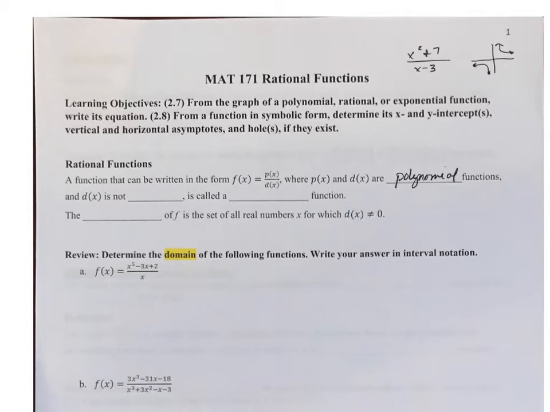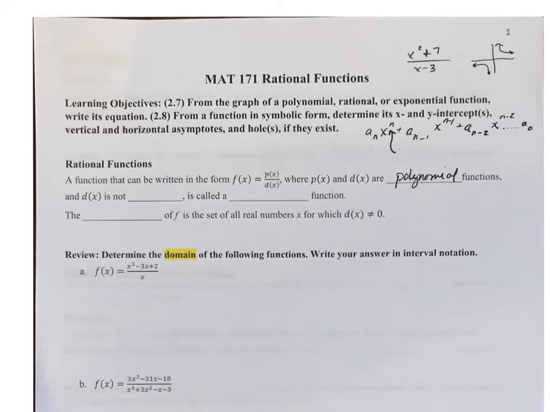Remember, a polynomial function is one that's written in the form a sub n x to the n plus a sub n minus 1 x to the n minus 1 plus a sub n minus 2 times x to the n minus 2 all the way till we get to a sub 0. So we've got some degree, whatever our leading degree of our polynomial is, and n here determines the degree.